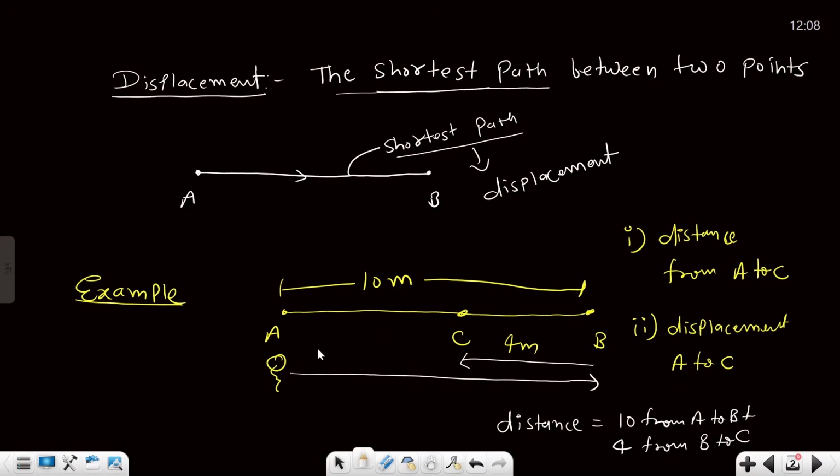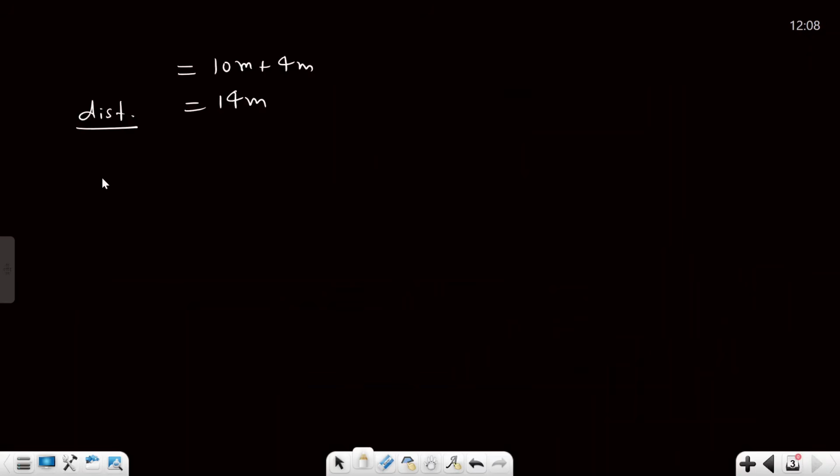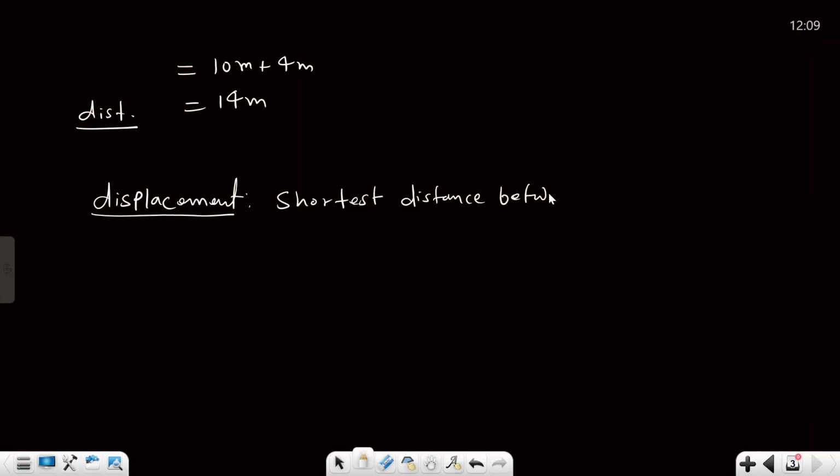Now we will talk about the displacement. A person travels from A to B, that is 10 meter, and again returns on the same path from B to C, and that is only 4 meter. So according to the displacement, we can say that it is the shortest path between 2 points.